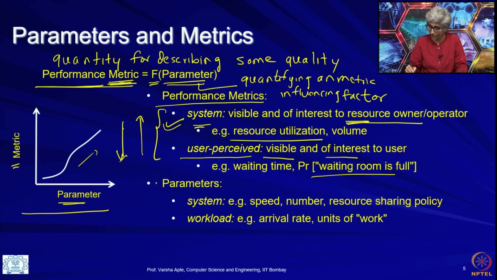Now coming to parameters, there are also two types, system and workload. Here this is much more straightforward. As we discussed earlier, a resource has a speed: how many packets per second can this link carry, what is the bits per second bandwidth of the link, how many links are there or how many CPUs are there, how many poll workers are there.